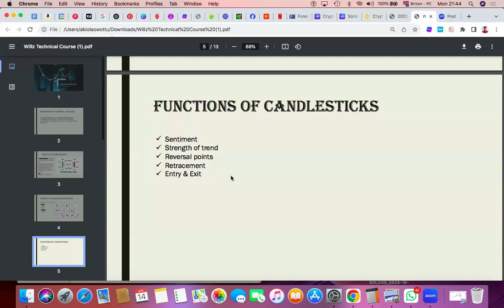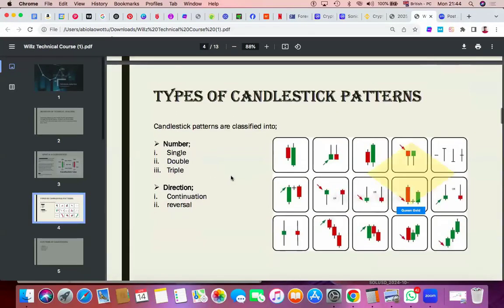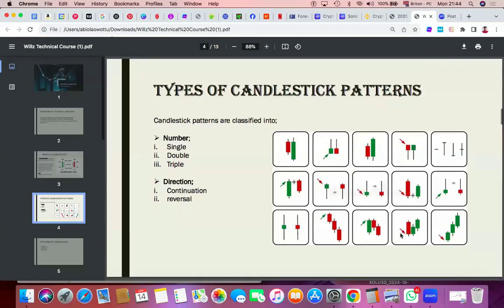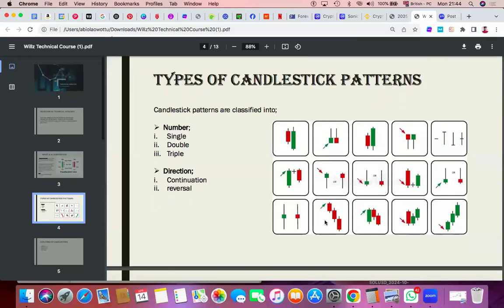So for the strength of trend, we also use these chart patterns to identify the strength of a trend, right? So like this now, we have our Marubozu candle here. We have the hammer. We have the three stars here.